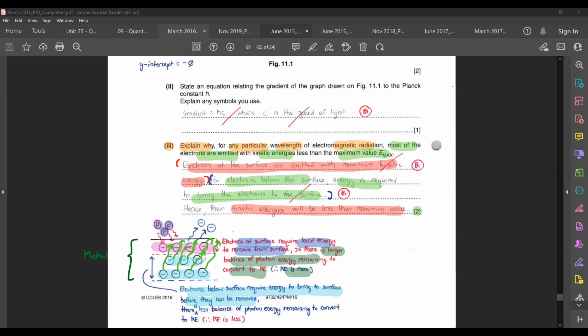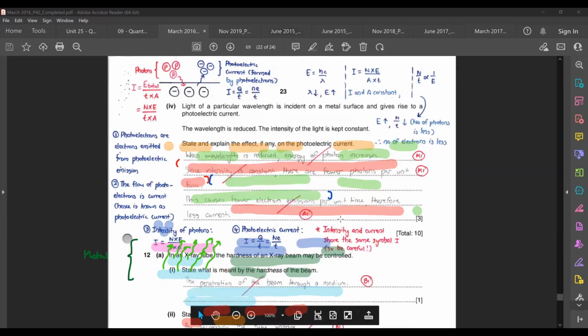This requires energy, and that energy comes from your photon energy. Since energy is used to bring them to the surface before finally removing them, you have less of a balance of photon energy remaining to convert to KE. So even though the electrons escape, KE is not going to be maximum. It's going to be some lesser value. That is how you generally try to understand this question.